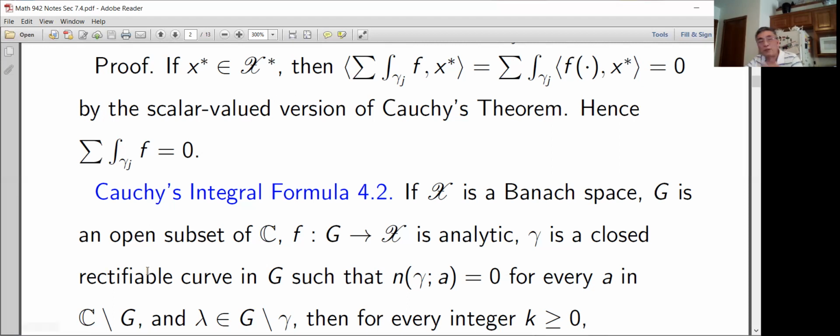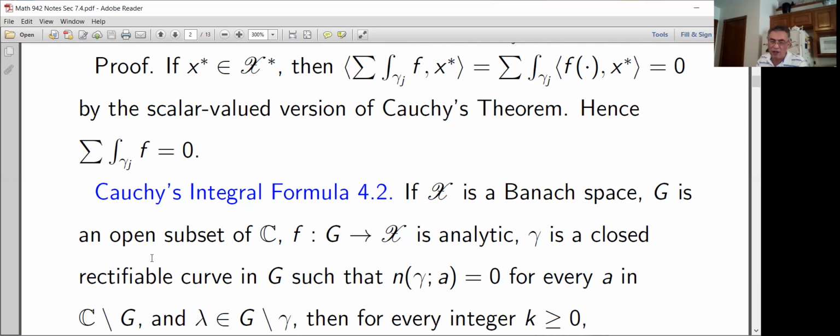So rectifiable is a necessary condition. If the curve is piecewise differentiable, piecewise C infinity or C infinity, then all of these curves are rectifiable. Rectifiable is a relatively weak condition.